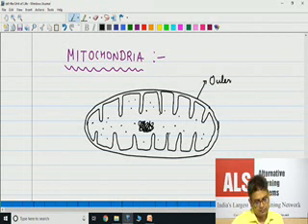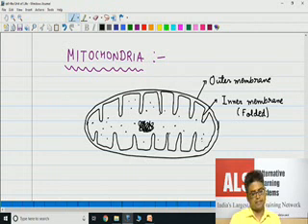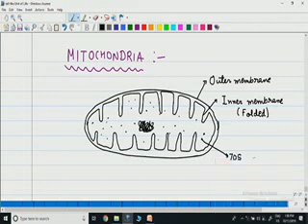Outer membrane. Inner membrane. Inner membrane is having folds, so it is folded. 70S ribosomes.